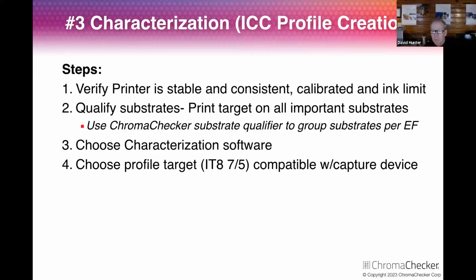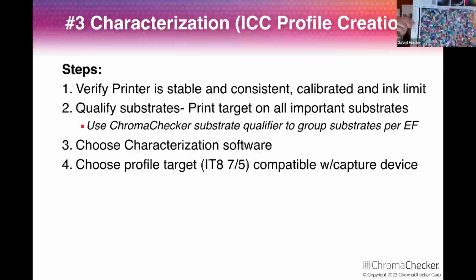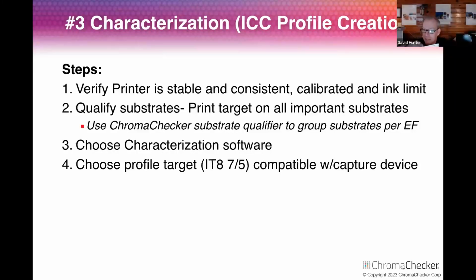Next, we decide which profile target we're going to use. The standard on the market is what we call the IT8.7/4, which you might know as the TC1617, which looks like this. And this target is actually formatted for my iSis measurement device or my Konica Minolta Myiro 9.